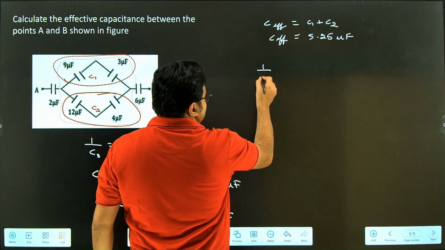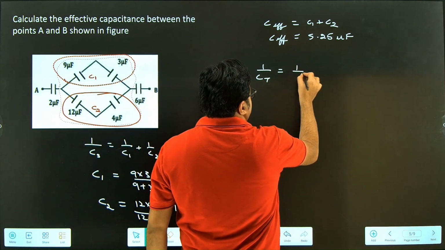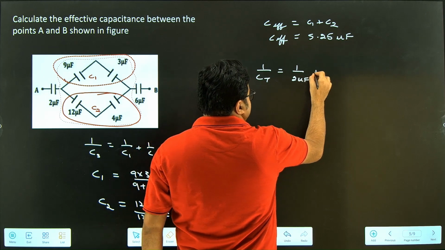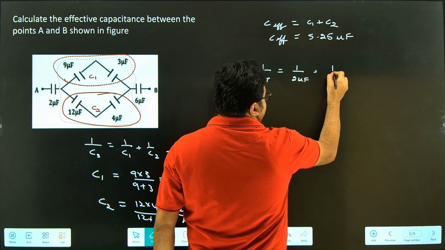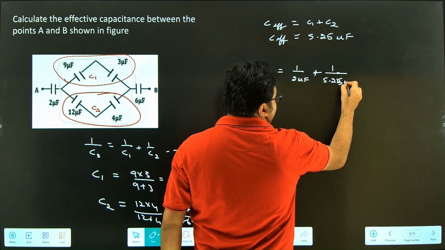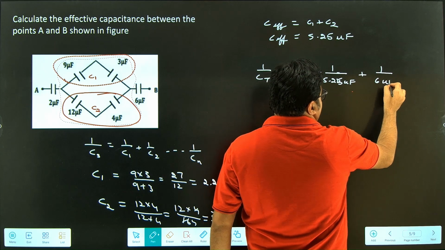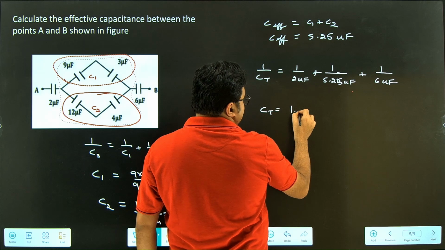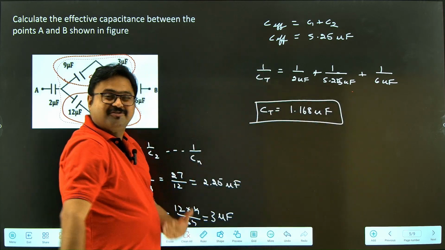So the total capacitance CT is equal to 1 by 2 microfarad plus 1 by 5.25 microfarad plus 1 by 6 microfarad, and you solve this, you are going to get the total capacitance as 1.168 microfarad, and that happens to be your final answer.